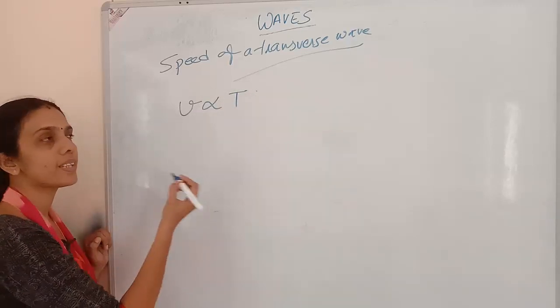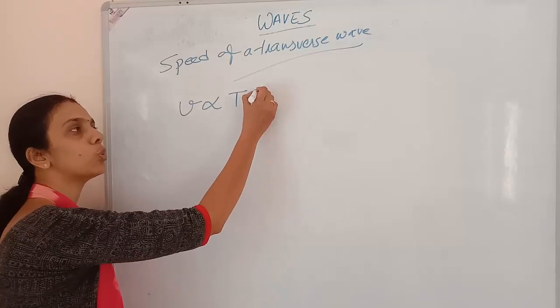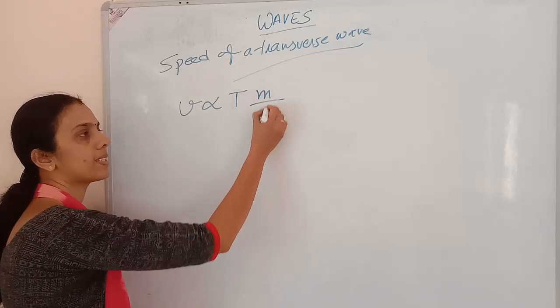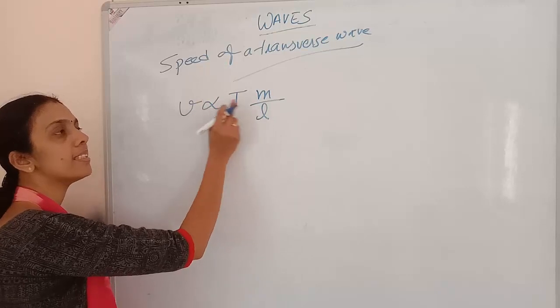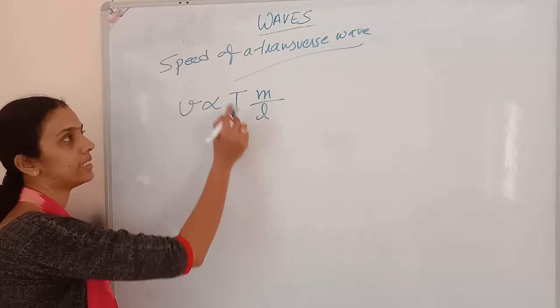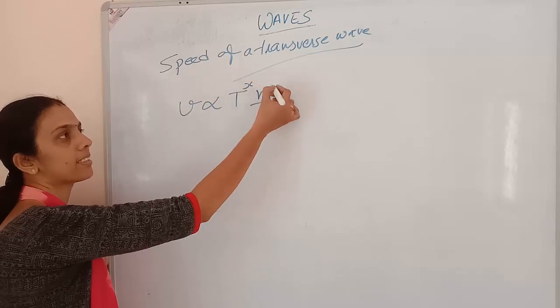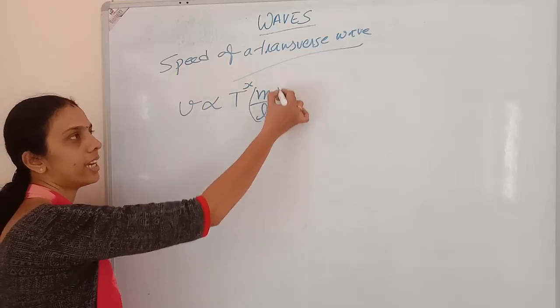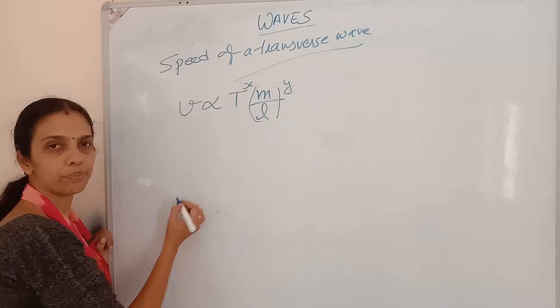What is the mass density? Mass per unit length is called mass density. Since it depends on tension and mass density, we can write it as T to the power x and m to the power y.